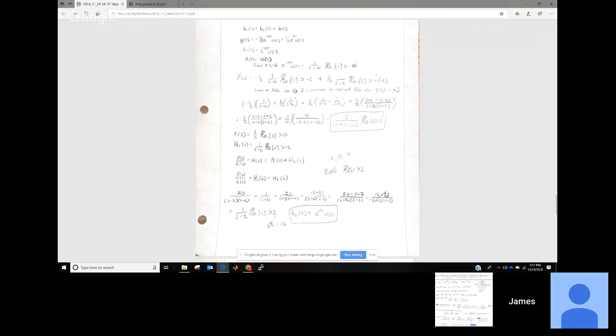So for the overall function, we're going to take our most limiting region of convergence, which in this case is 2. So the overall region of convergence of y of s is going to be greater than 2.